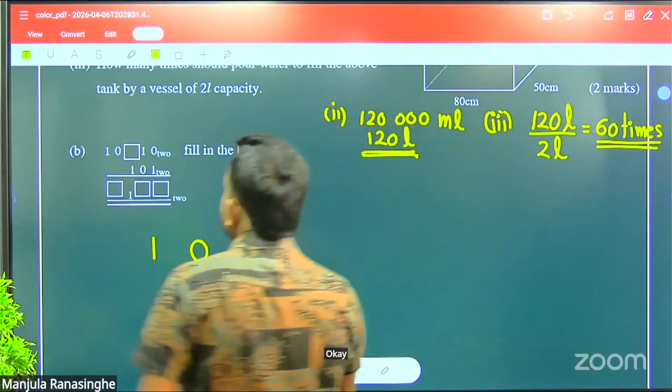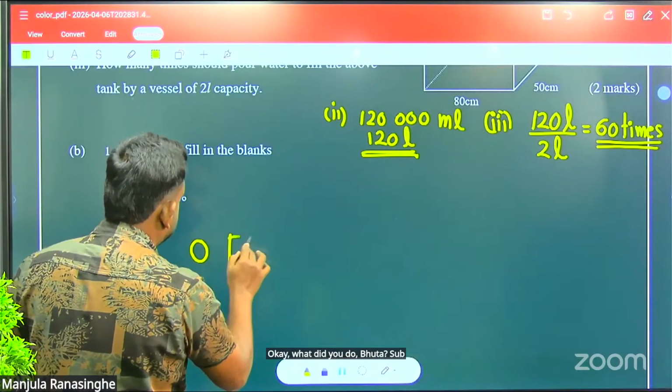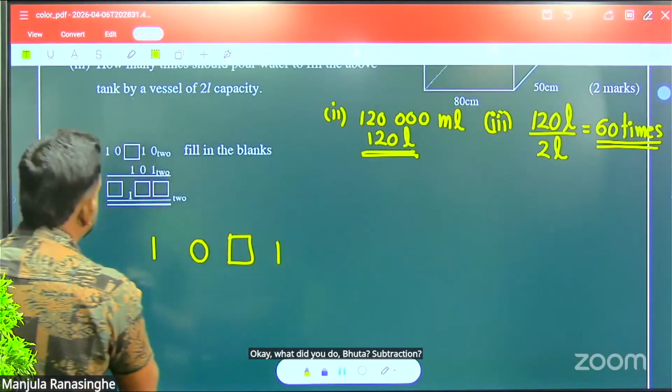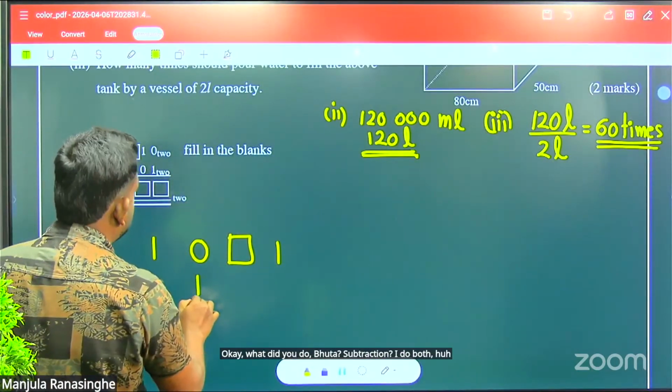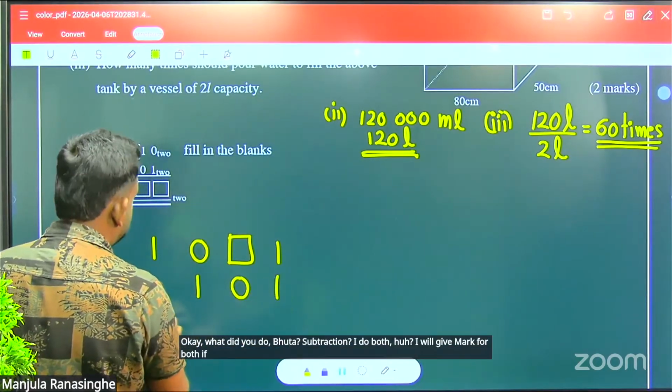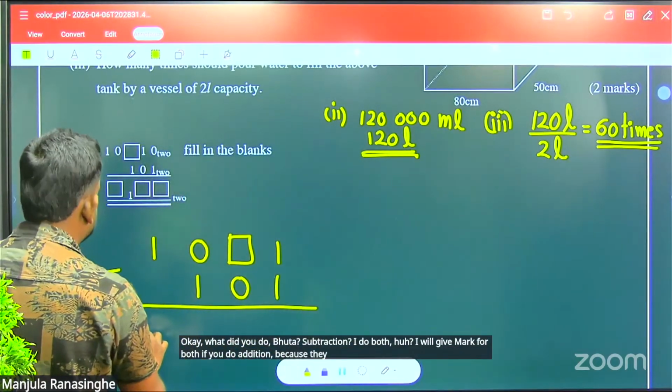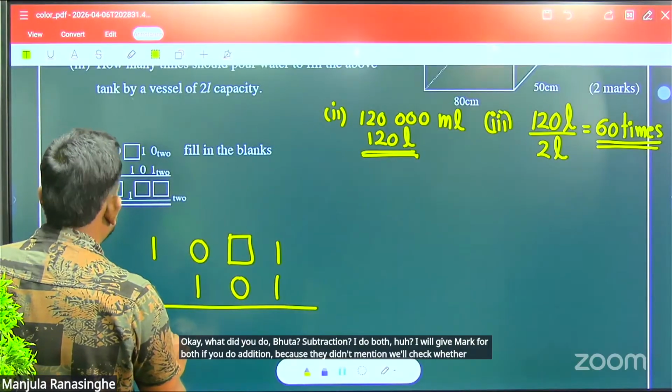Okay, what did you do? Subtraction? I will give marks for both if you do addition, because they didn't mention. We'll check whether to subtract here.